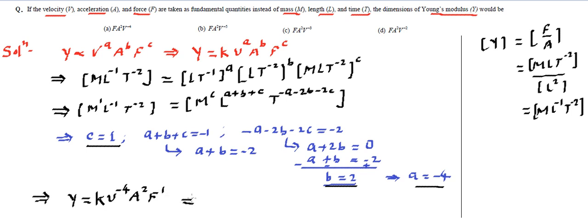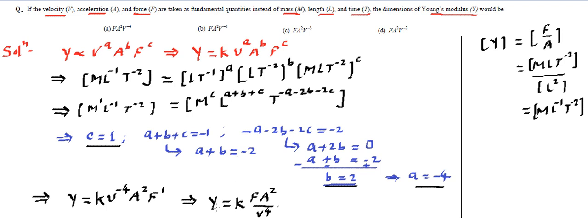If we rewrite it to get the final expression, then we can check which option is the right option. So y is equal to some dimensionless quantity times f a squared, for acceleration squared, divided by velocity raised to power 4, so v raised to power 4. Now this is the expression we have got.